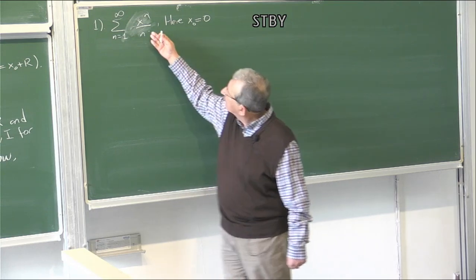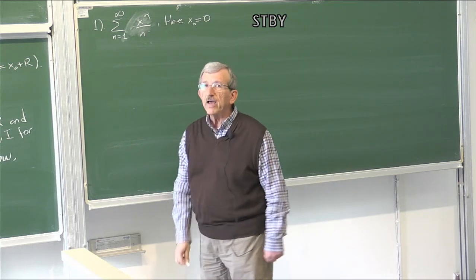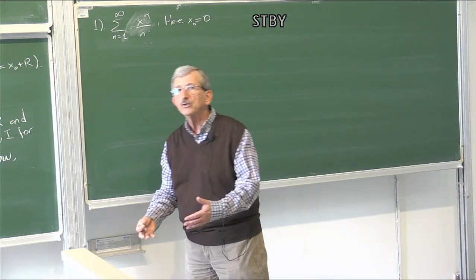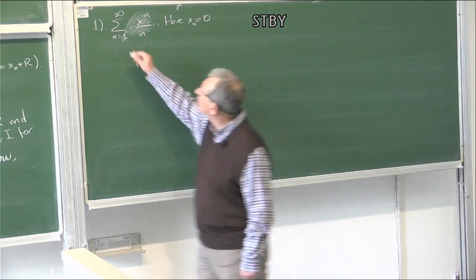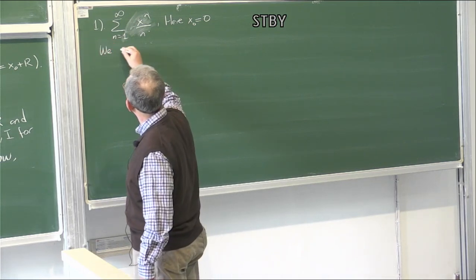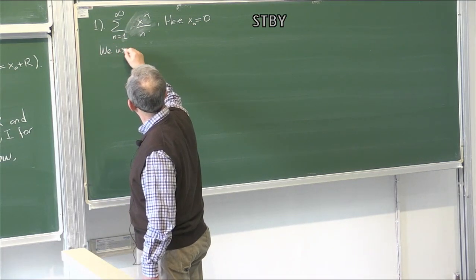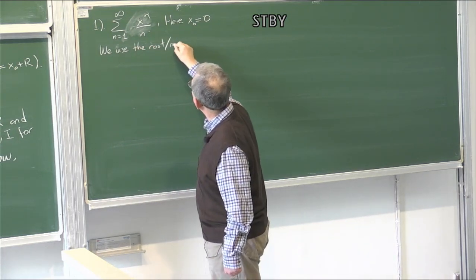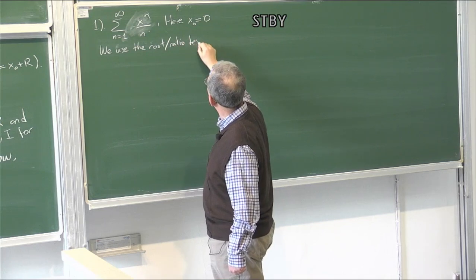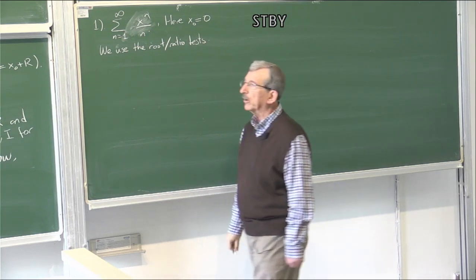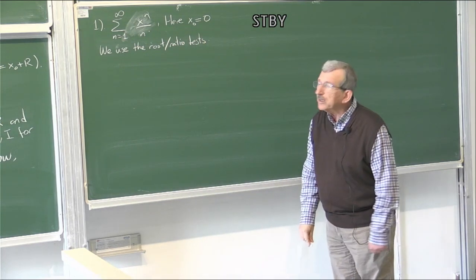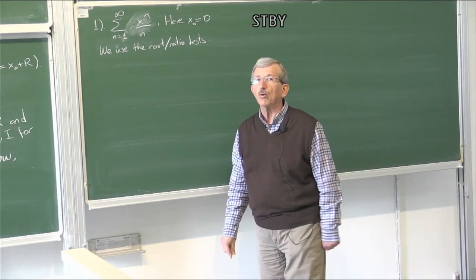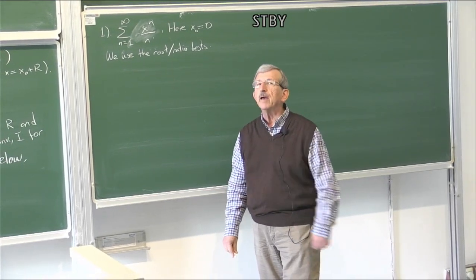Of course, when we look at this series, we observe that we have x to the n and exponential growth. So we think to use the root or ratio tests. But of course, we do not know if x is positive all the time. Hence, x to the n can be negative.